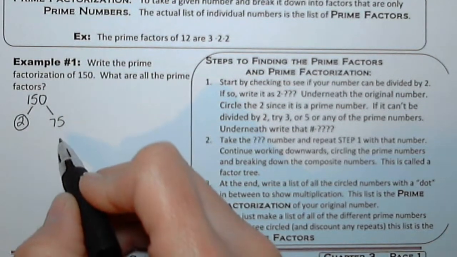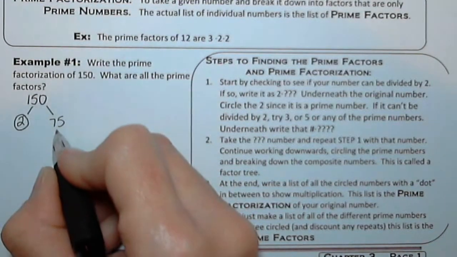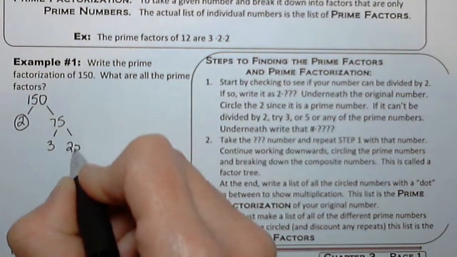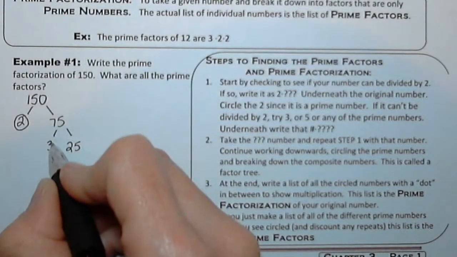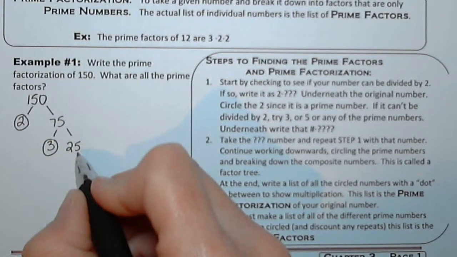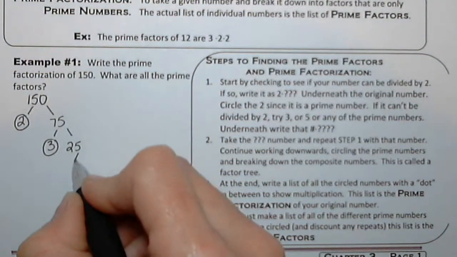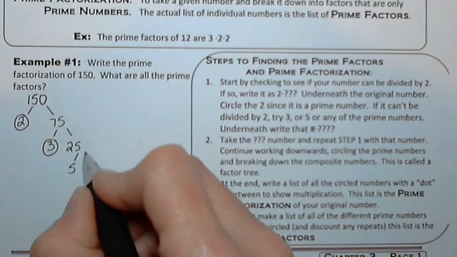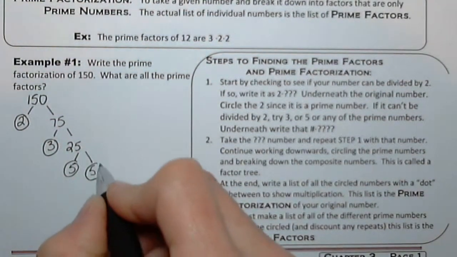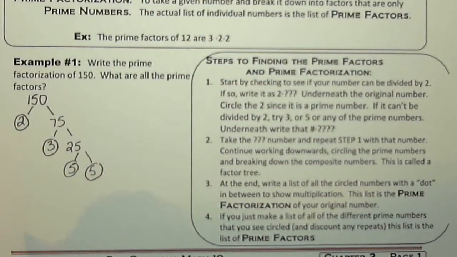Well, 2 doesn't work. 3 will work, and that's going to be 3 times 25. And again, the way I teach it is I circle the prime numbers. There's different ways to do it. 25 is not prime. It can be broken down into other numbers. And if you think about it for a minute, the only way to do it is 5 and 5. And both of these are prime numbers, so I'm going to circle both of them.